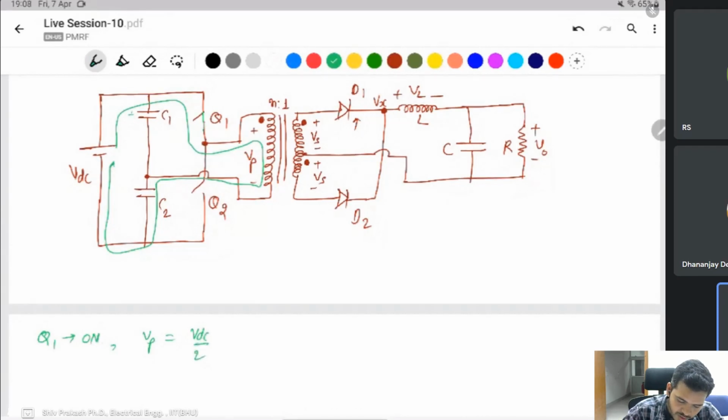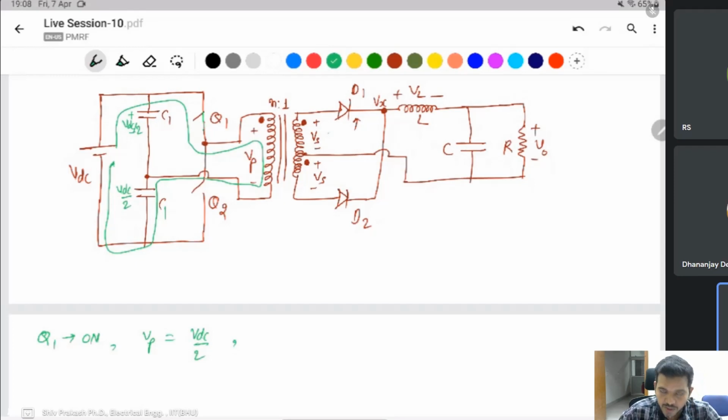This voltage is divided into two parts, VDC by 2, because two capacitors of the same rating are connected in series. We take them as C1 and C2. That's why half of the voltage is divided there. This one is Vp, Vp is VDC by 2.